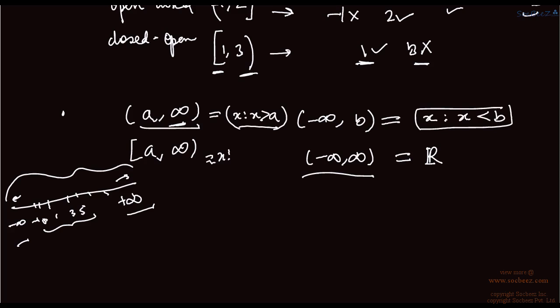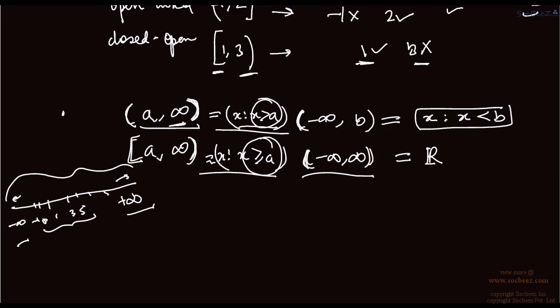For the closed one, you can write x such that x is greater than or equal to a. You see the difference between these two? a is included here, and a is not included here. That's why there is an open bracket and a closed bracket. Infinity is never included, so it is always open on the side of infinity.